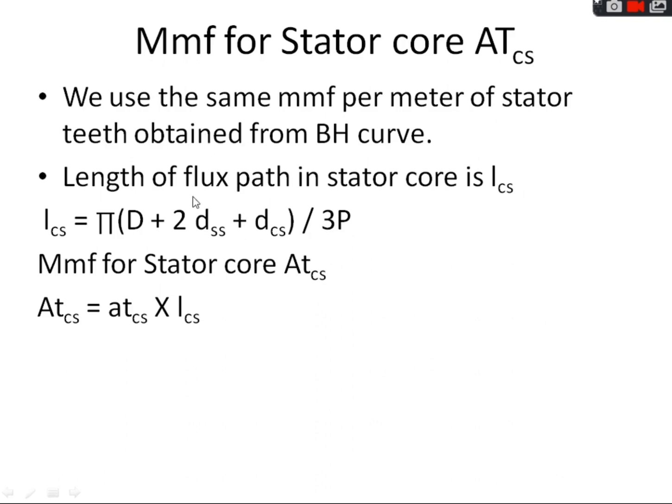So here also we calculate the magnetomotive force required for the stator core as the ampere turns per meter for the stator core material times the length of the stator core, where for the length of the stator core we consider the formula pi (d plus 2ds plus dcs) upon 3p, where ds is the depth of the stator slot, dcs is the depth of the stator core, p is the number of poles, and d is the stator bore diameter. So here we can calculate the value of MMF for the stator core.